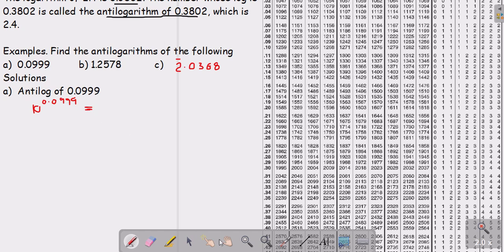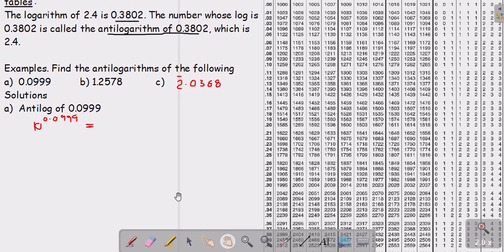So what we do, we go to the column, we look for point 09. So 0.09 is around here, you can see where it is in your tables. Then our answer, we have to find it on the 9th column.